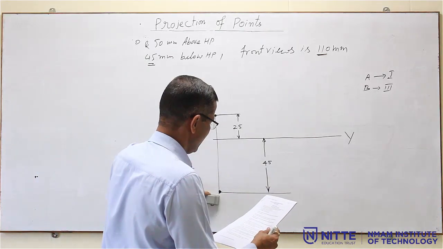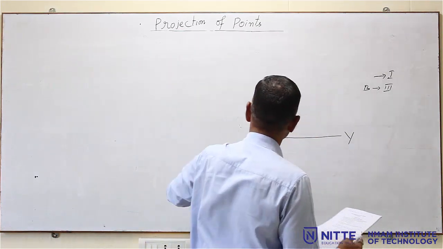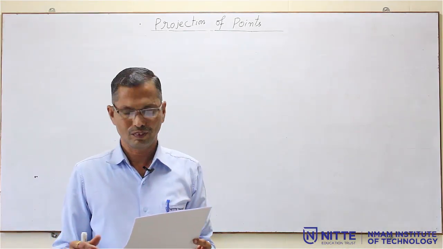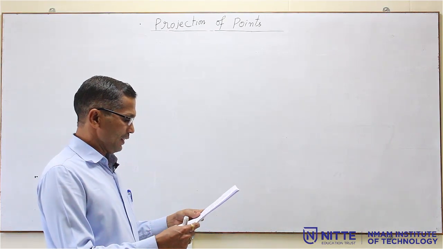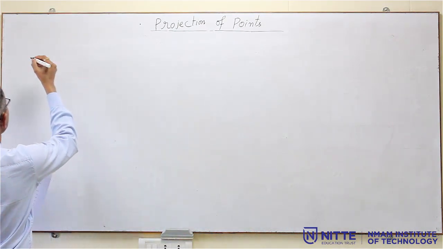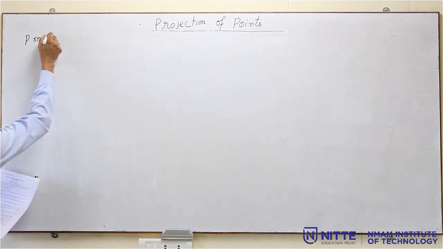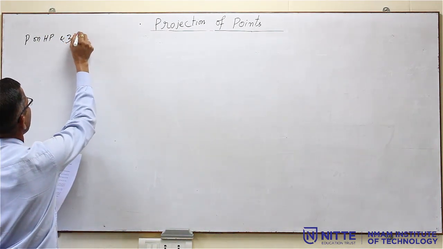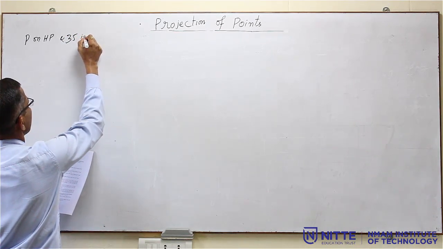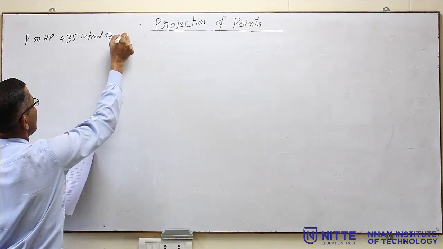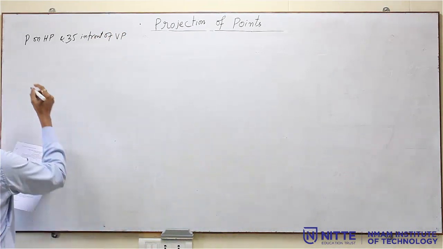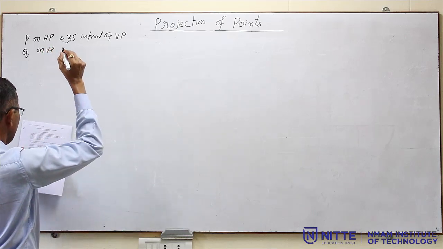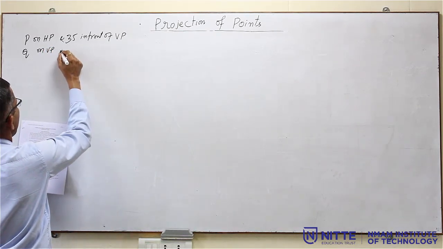Problem number 8. A point P is on HP and 35 mm in front of VP. Another point Q is on VP and below HP.